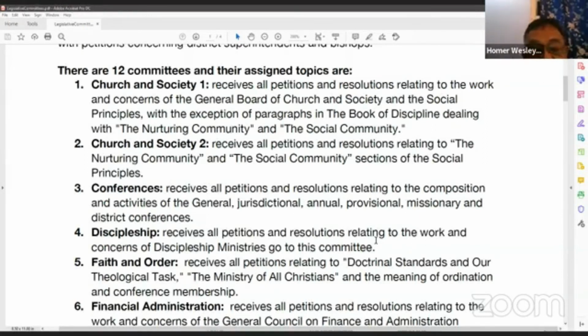Faith and Order receives petitions relating to doctrinal standards and our theological task, the ministry of all Christians, and the meaning of ordination and conference membership. Ito yung madalas maraming petitions. Yung mga policies, kasi kaming mga pastor nararanasan namin to, kasi nagbabago-bago every quadrennium yung required bago ka ma-ordain.